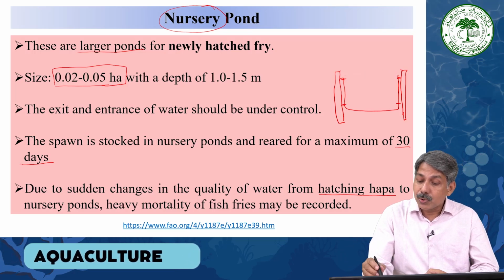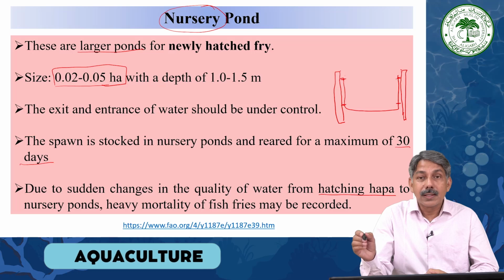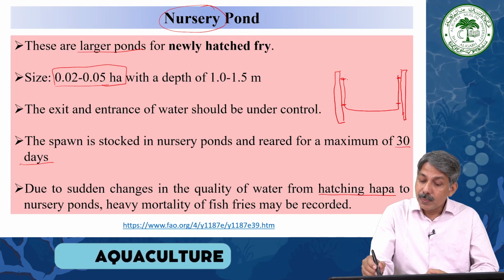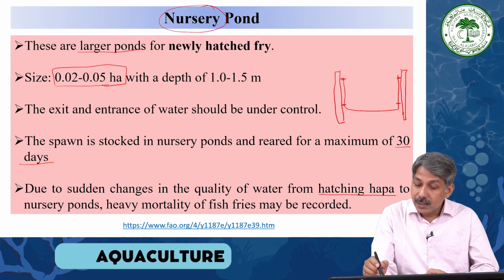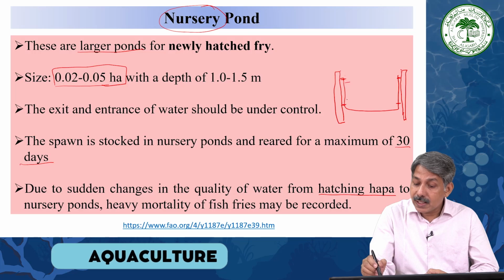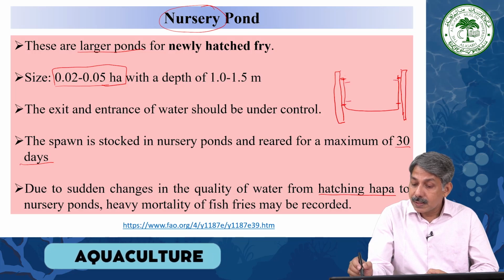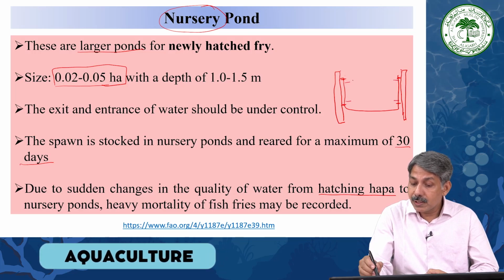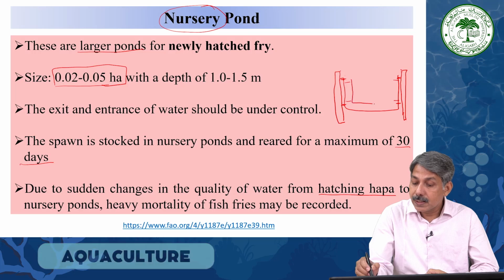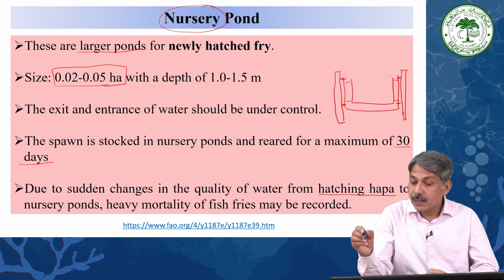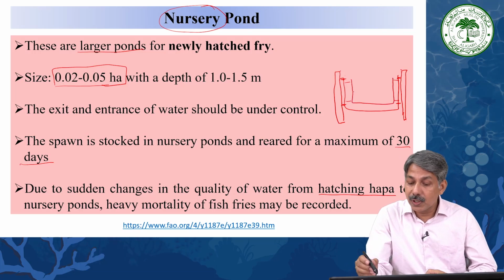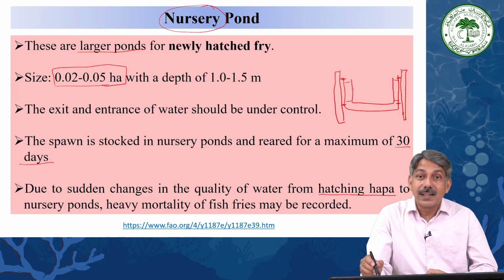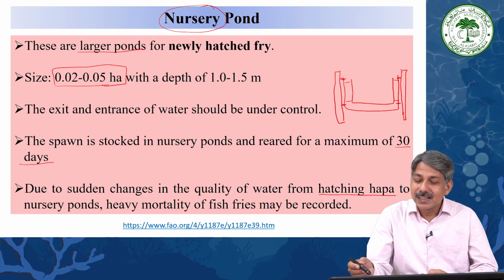In hatching hapa also, the outer portion is of muslin cloth only, but this muslin cloth on its inner side has a provision to accommodate another hapa, the inner hapa. This inner hapa is made up of mosquito net, you can say, that kind of material.